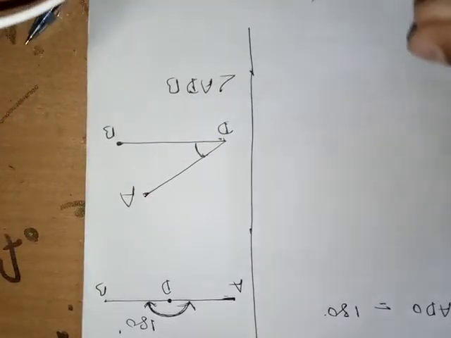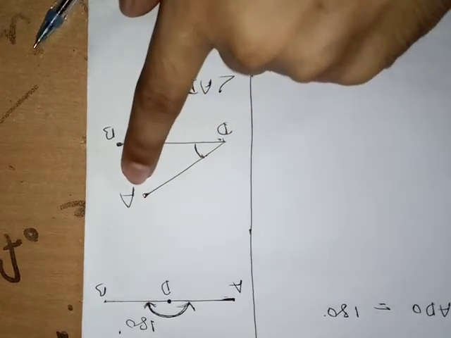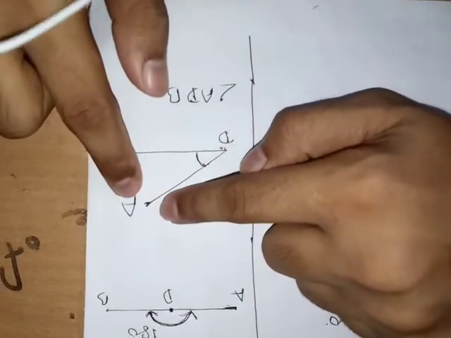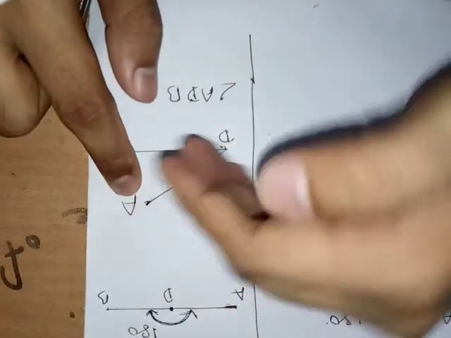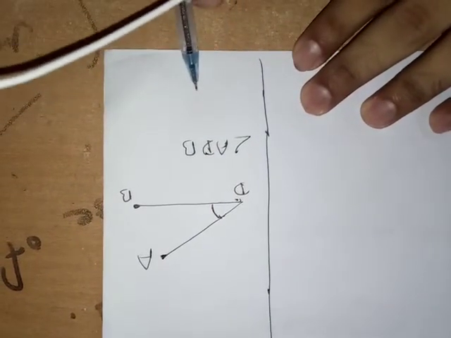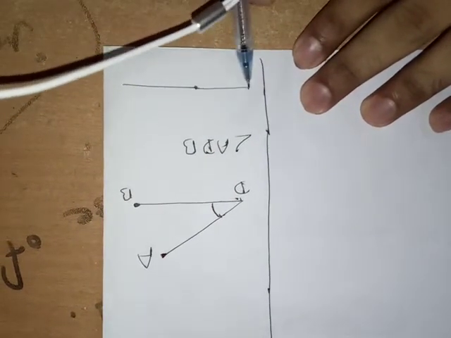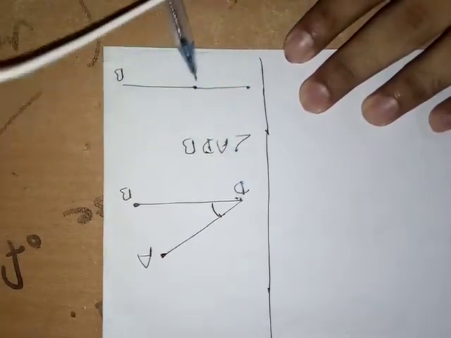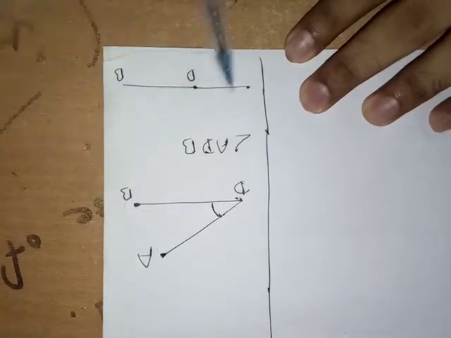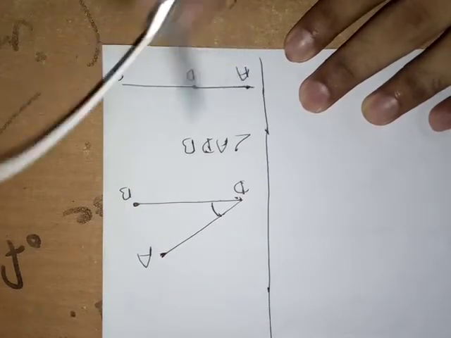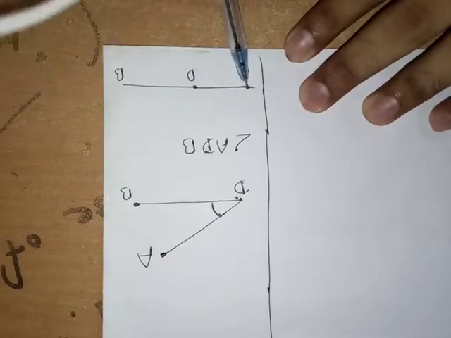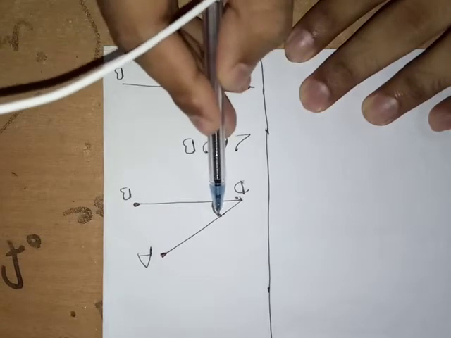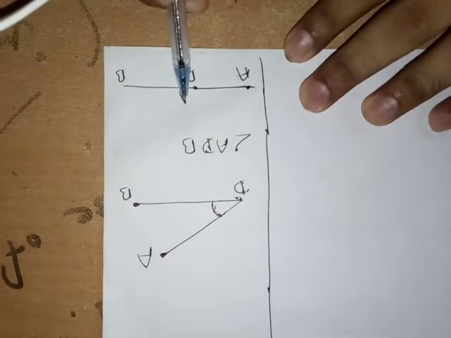Now, if I place this point A in a way that I'm drawing, B point is here, this D point is here, and this A point is now here. So in our first diagram the angle was this, and now the angle is this.